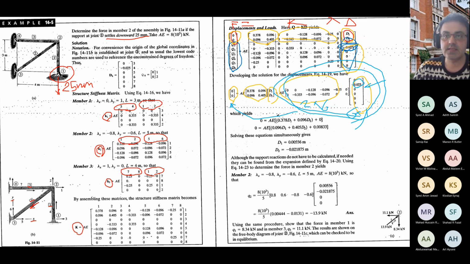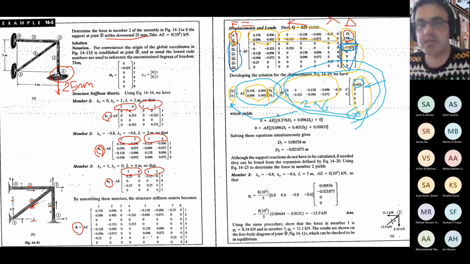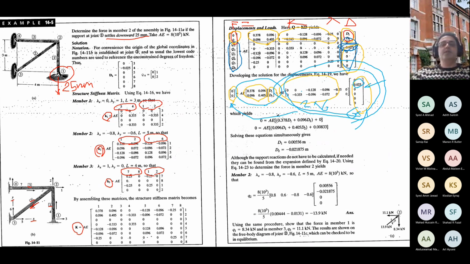It's as if the support settlement is transformed into equivalent external forces coming to the left-hand side of the equation. And this part is still there to be solved for D1 and D2. So the support settlement is just some known that contributes to the solution of the problem by modifying the external forces vector.